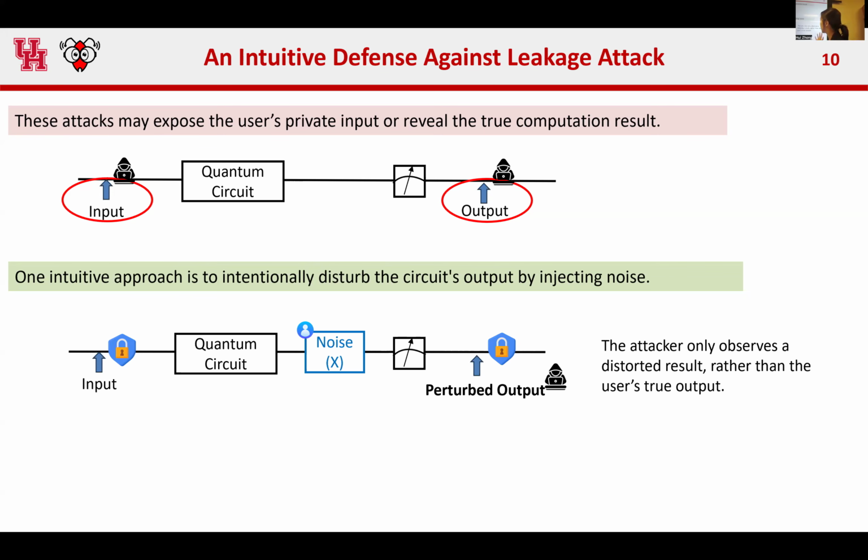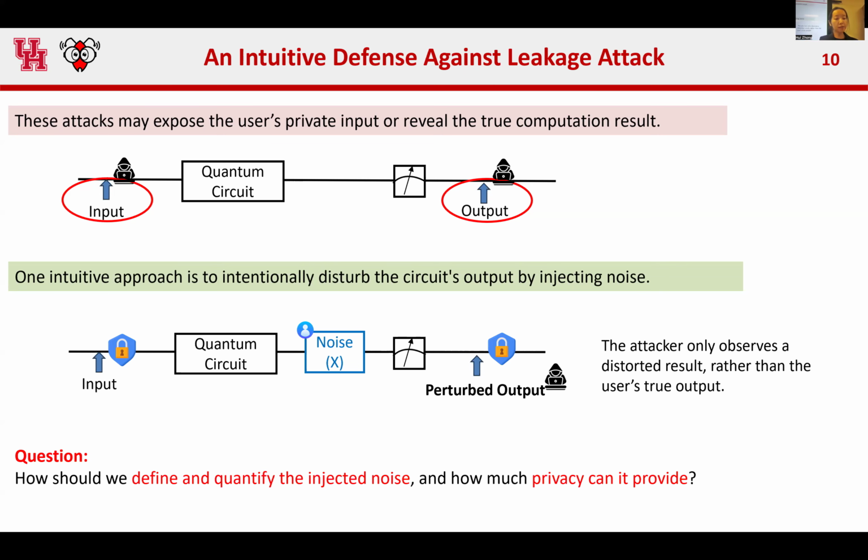Now the attacker can only observe a distorted result rather than the user's true output, so we protect the output and also the input. Here is a question: how should we define and quantify this injected noise, and how much privacy can it provide?